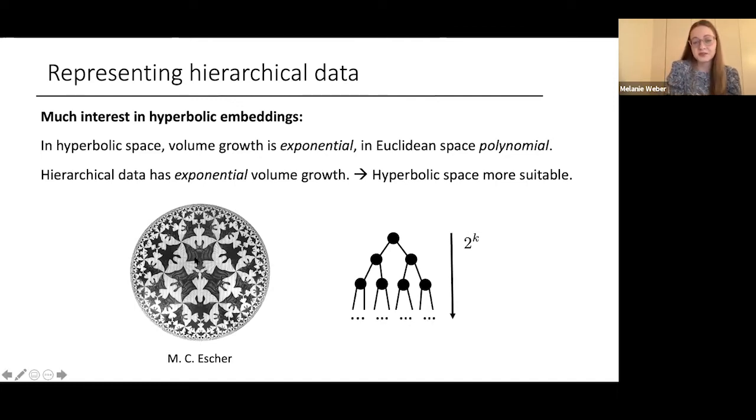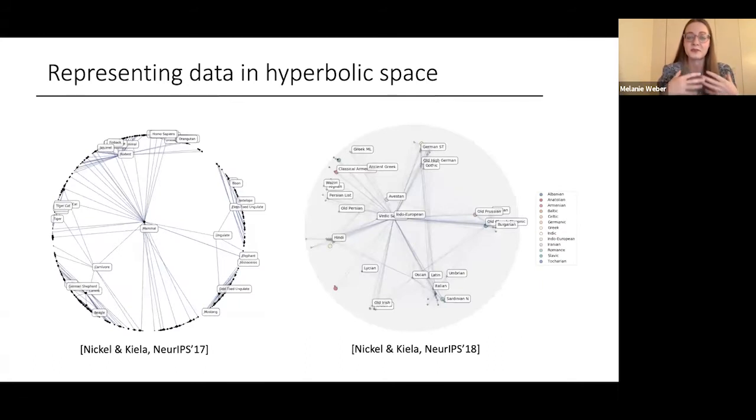Close to the center of the Poincaré plane, with a small radius, we can place 3 such bats. Then as we increase the radius and go further towards the boundary, the number of bats with the same area that we can place grows very fast, in fact, grows exponentially, right? That's a nice way to see this exponential volume growth in hyperbolic spaces, and we want to make use of that effect for representing these exponentially growing structures.